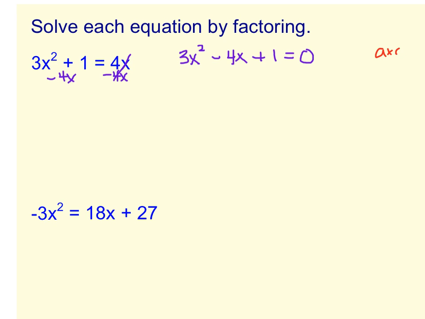So A times C, you do 3 times 1, which is 4, and factors of 4 that add up to -1. Well, the only factors of 4 are 1 and 4 and 2 and 2, and if we made those negative, so they multiply to a +4, none of those add up to the middle term of -4.